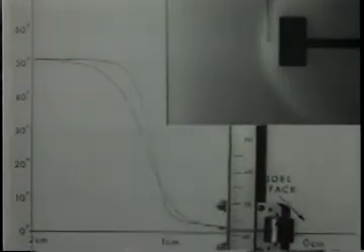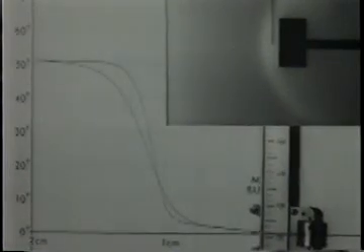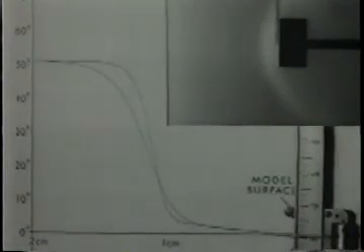Here are the experimental shockwave profiles. The second is clearly not so steep as the first.